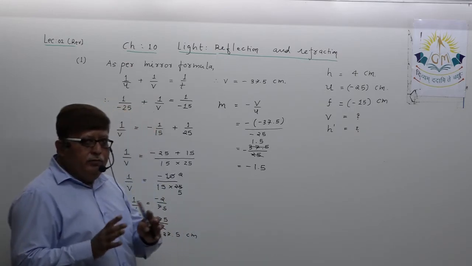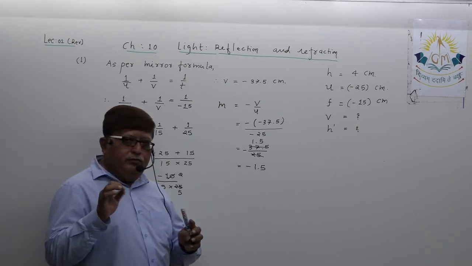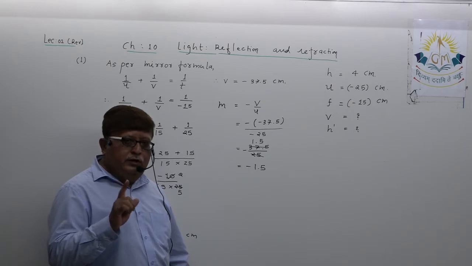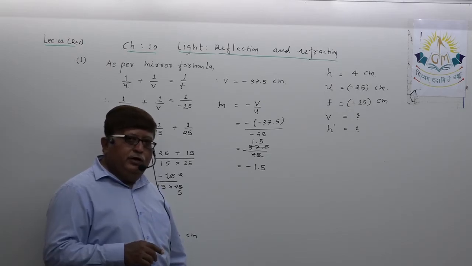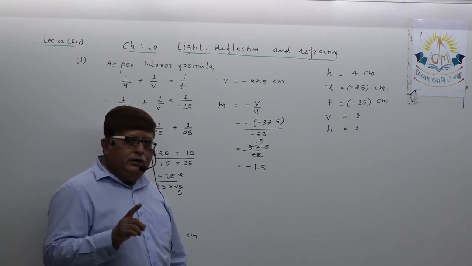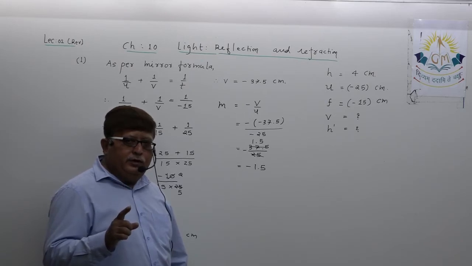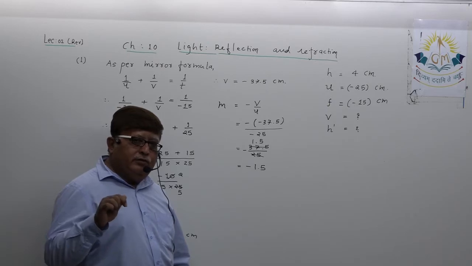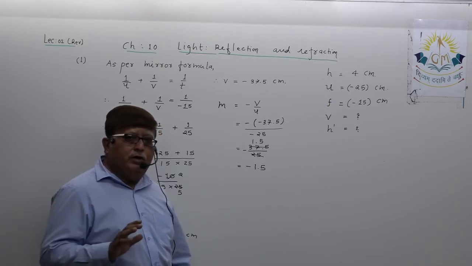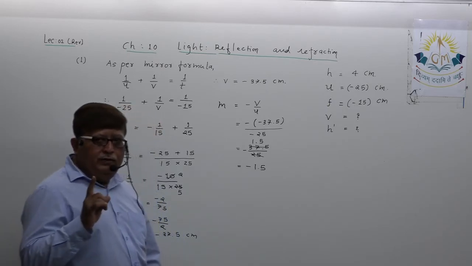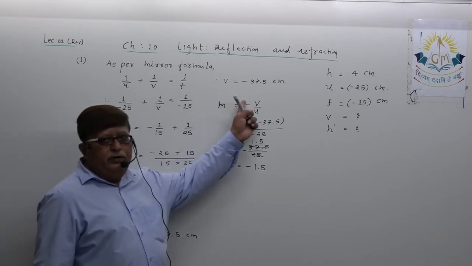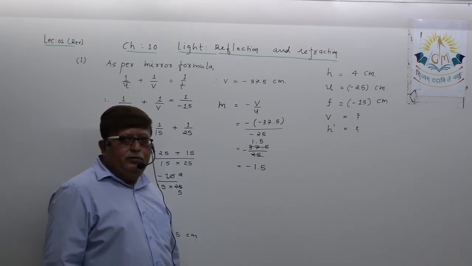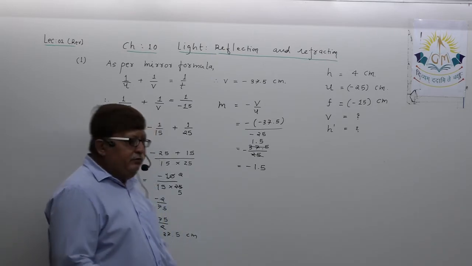These are some of the points which give you the clue so that you will not perform any sum wrong in your exam. v negative, image real inverted, front of the mirror, m necessarily has to come negative. Mind this. If you get v negative, somehow m positive, that means a mistake occurred from that stage.